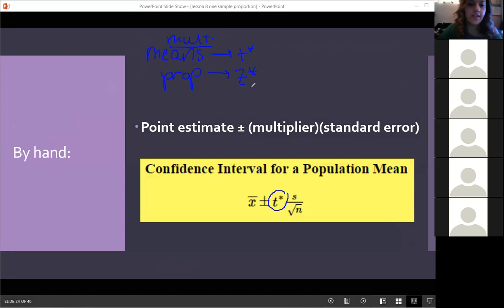These are things to keep in mind, terminology and symbols. And remember, this entire right side of the equation is going to be our margin of error. I hope you can read that, it's kind of faded. And this is going to be our sample mean.